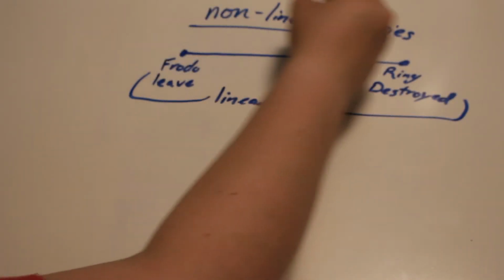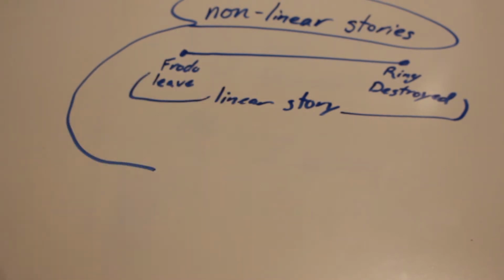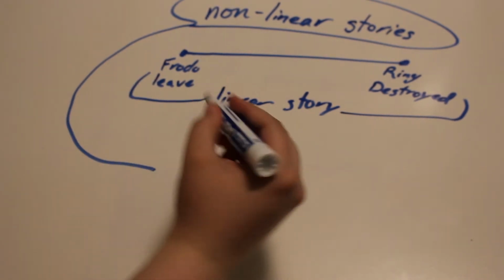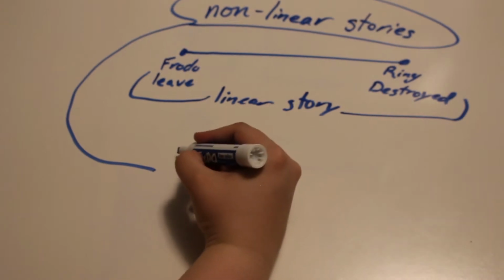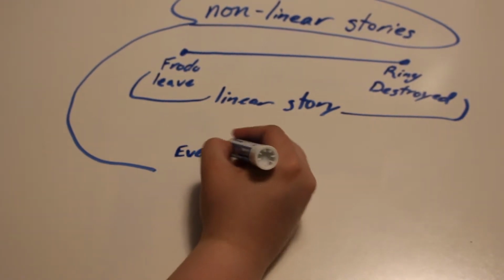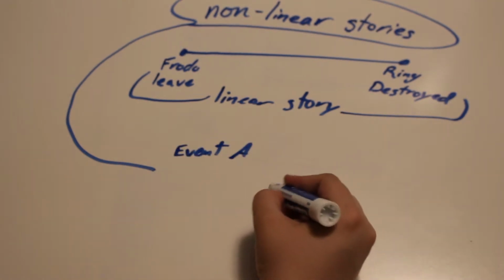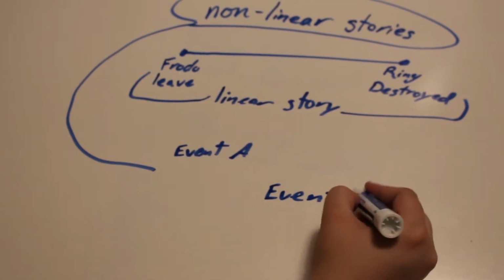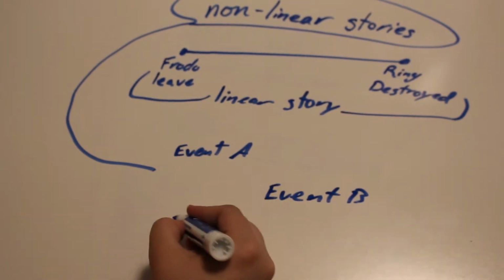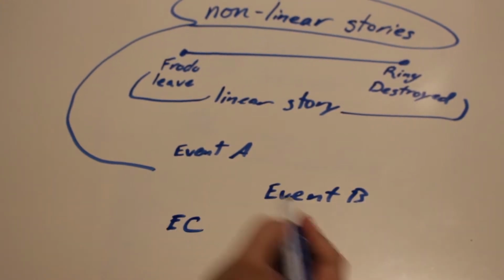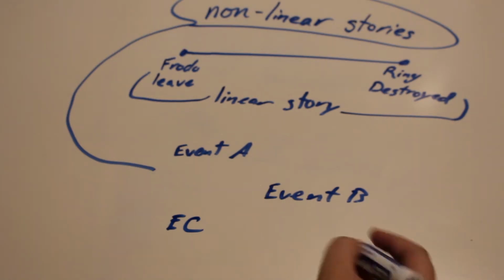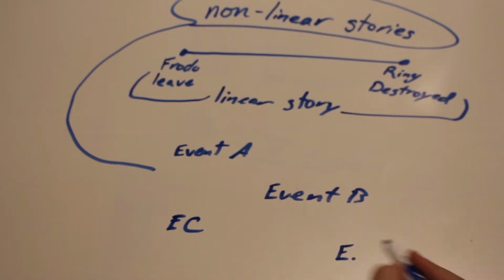But what about this? A nonlinear story is where you have event A, event B, event C, we're just going to abbreviate that down to EC, and event D. But that doesn't necessarily mean you're going to go A, B, C, D, even if that's the order they happened in.